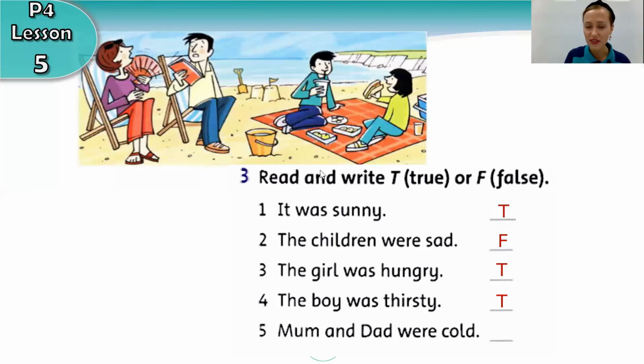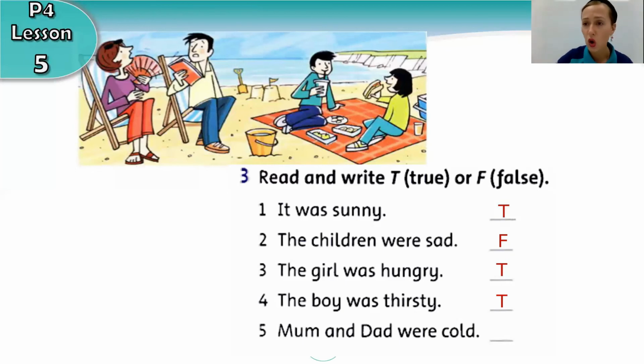Number 5. Mom and Dad were cold. Is that true or false? Let's have a look. They were at the beach. And I see Dad with the book.